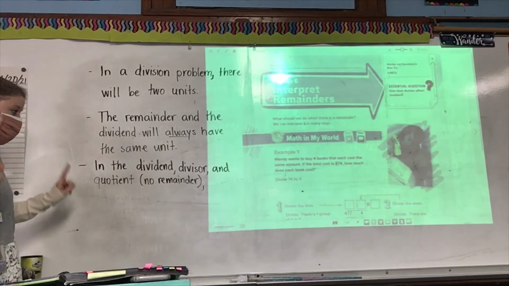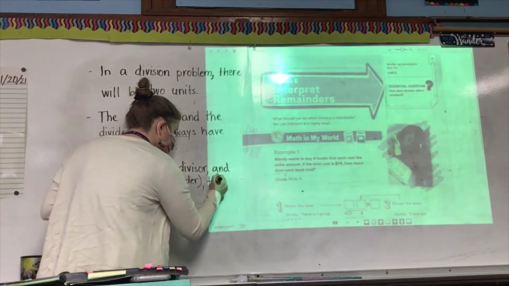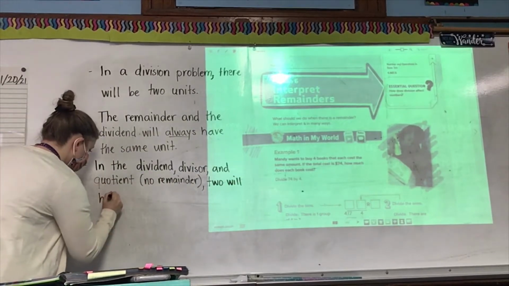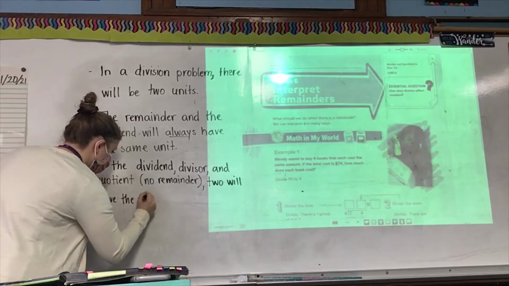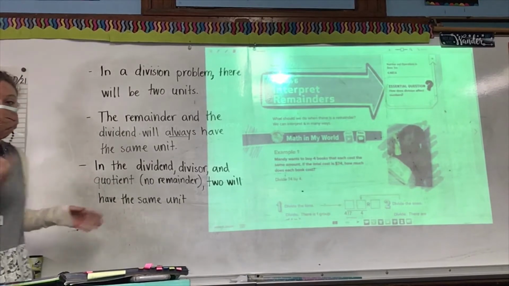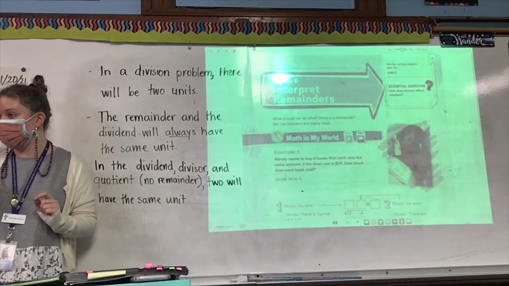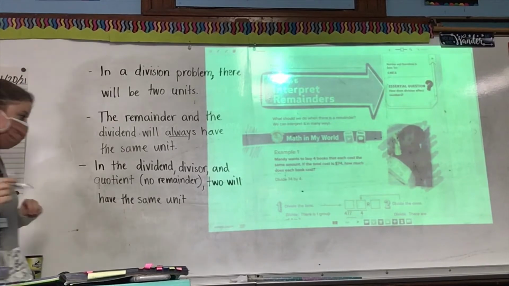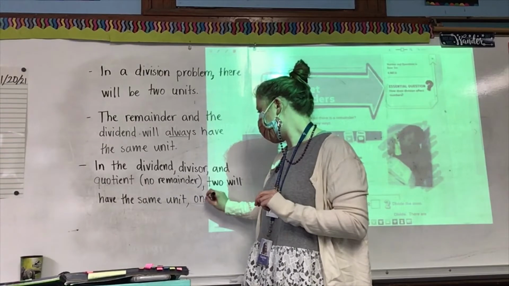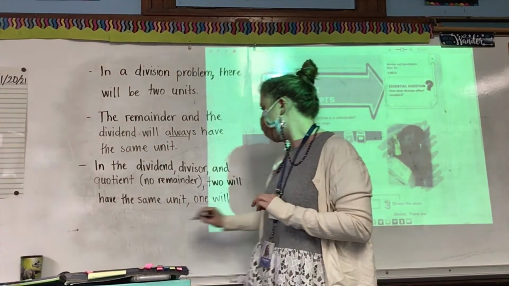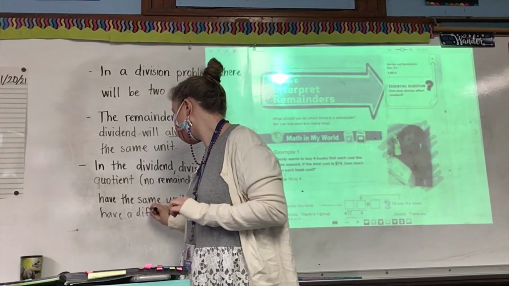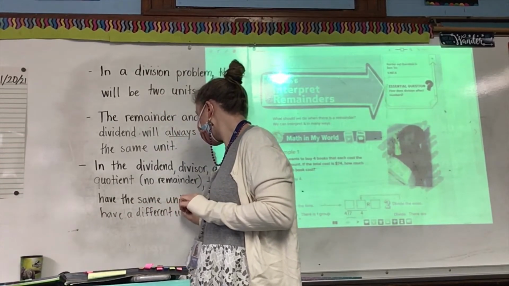In the dividend, divisor, and quotient, 2 will have the same unit. Out of them, we don't know which 2, it just depends on how they word the problem. 2 of them will have the same unit. 1 will have a different unit.